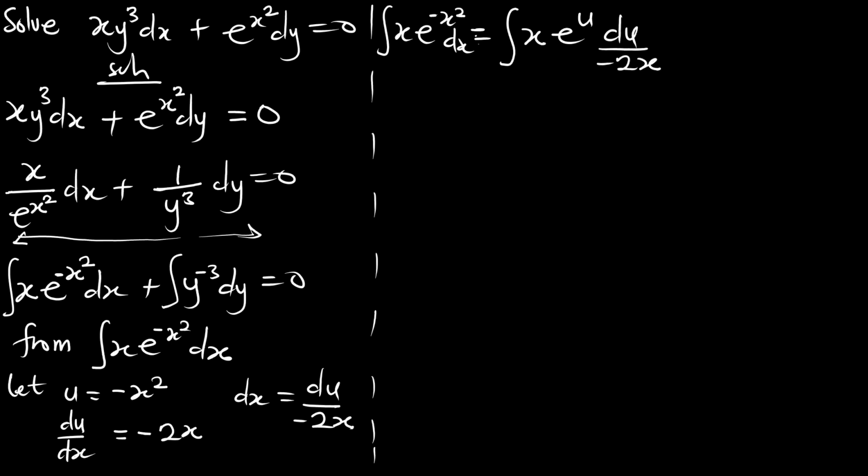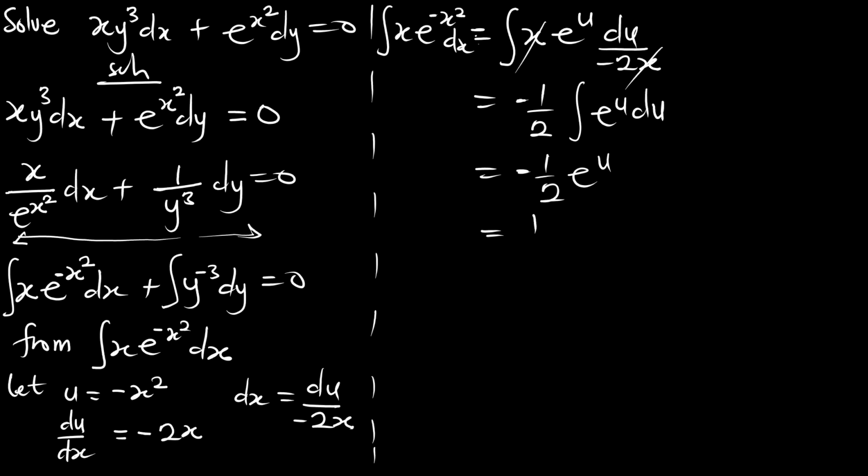So now this x can cancel this, right? That is going to give us negative half the integral of e to the u du. Now we can integrate this. If you integrate this, you still have negative half e to the u plus our constant, where u is negative x squared. So this is the integration for the first part.